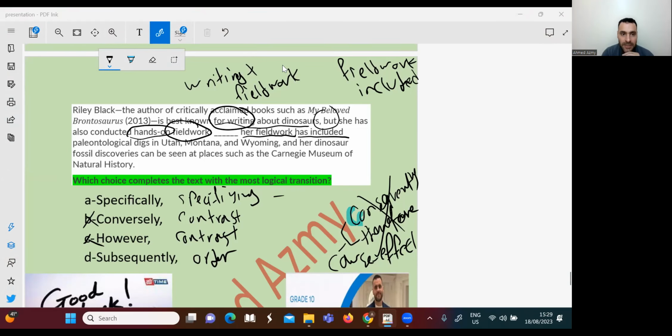Her field work has included, fossil discoveries. جماعة pay attention إن هنا field work يا محمد, وهنا إيه؟ field work has included. هل في time هنا يا محمد؟ أنت إيه رأيك؟ ها رأيك إيه يا محمد؟ specifically ولا subsequently؟ رأيك إيه؟ A. برافو.